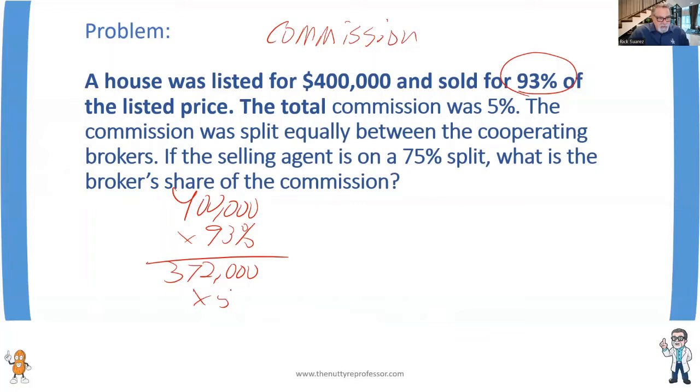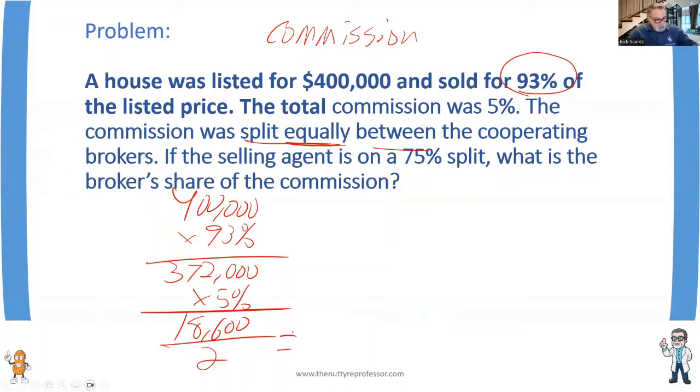So times 5%, it is 18,600. And it says the commission was split equally between the brokerages. That means there were 2 brokers, so we're going to divide it by 2, and you're going to end up with 9,300.